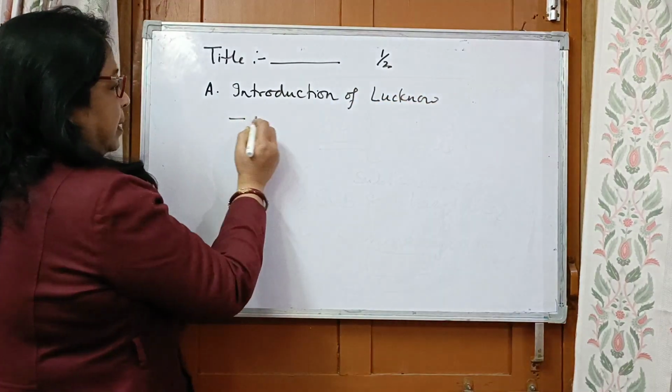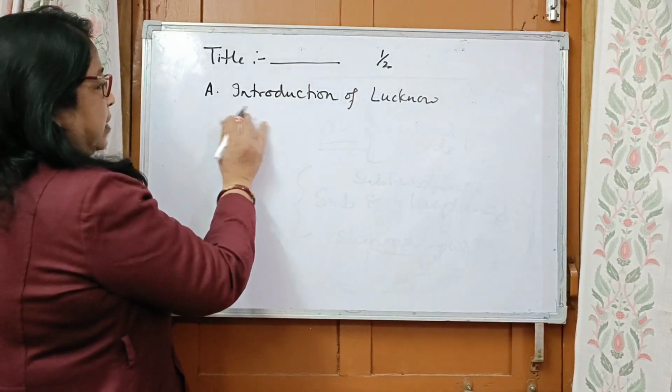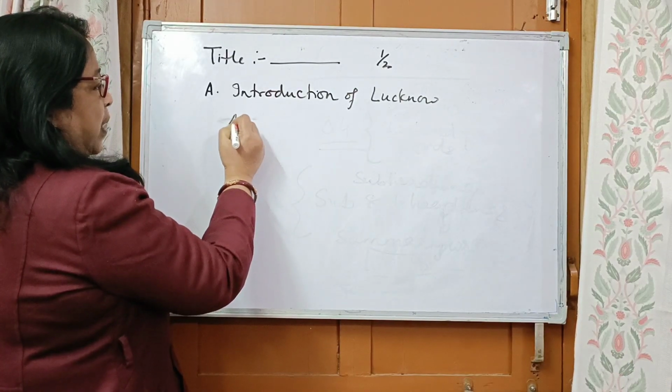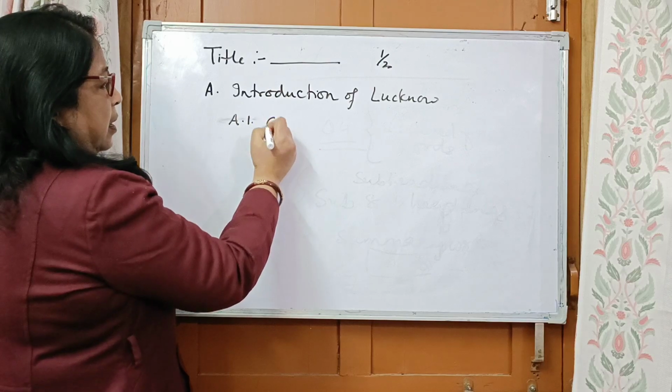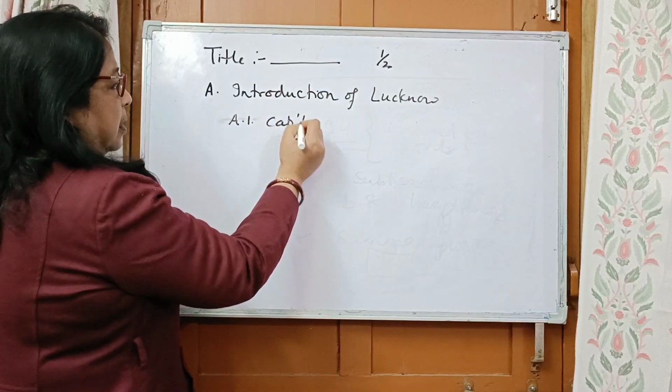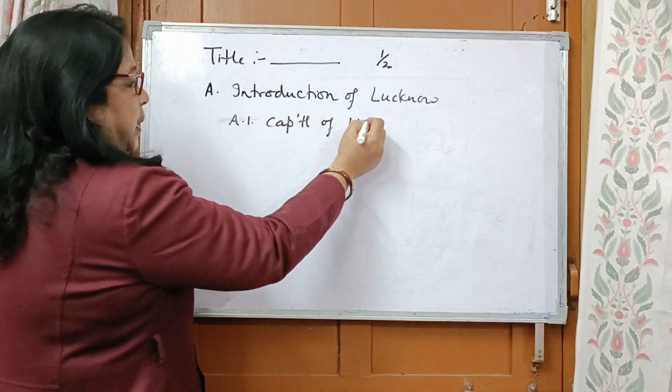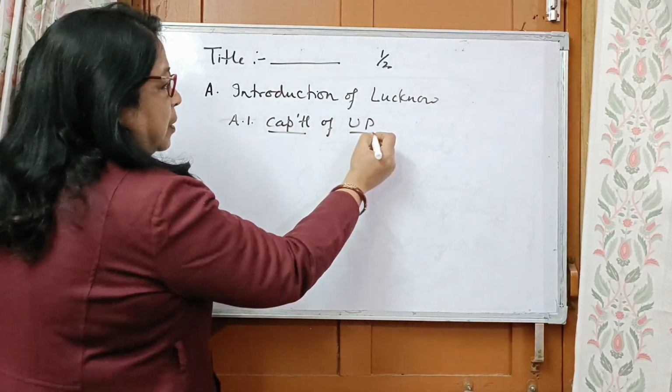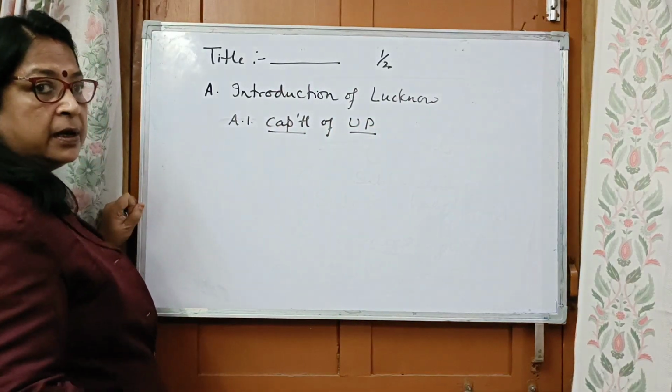Here you got one thing, you can write here A.1, capital of UP. Now these two shortened forms you have already used.